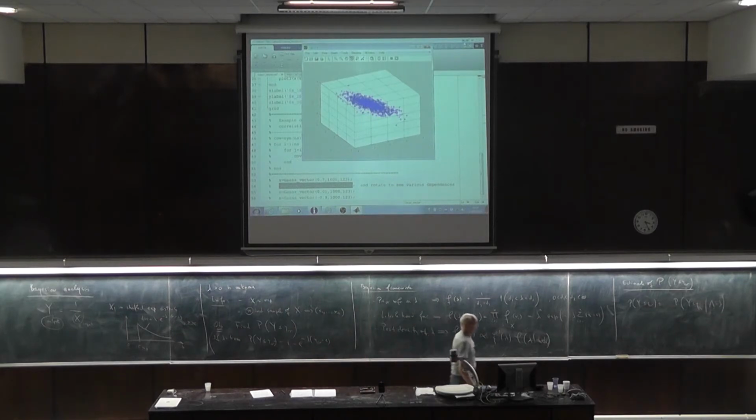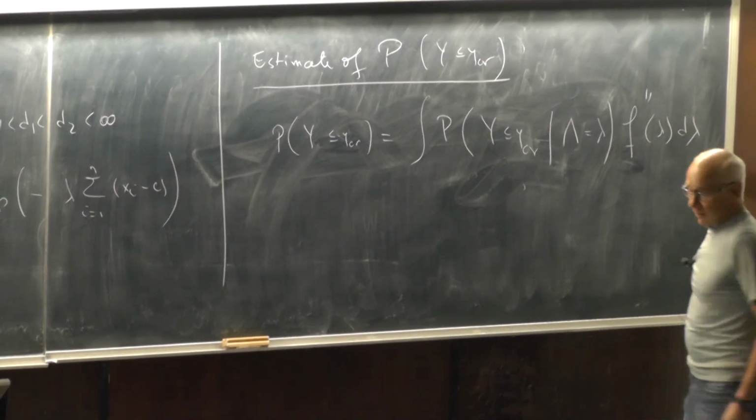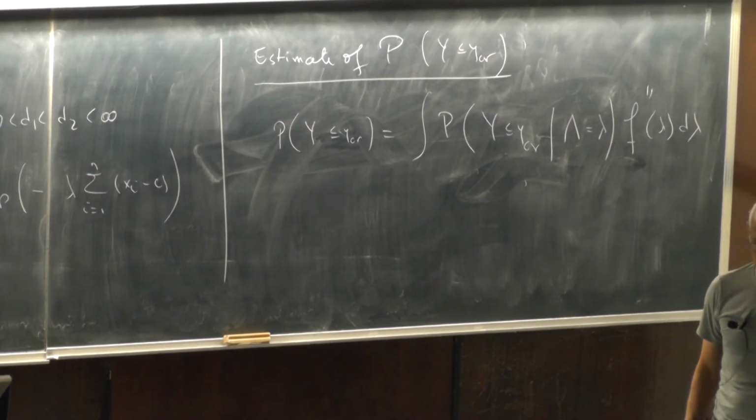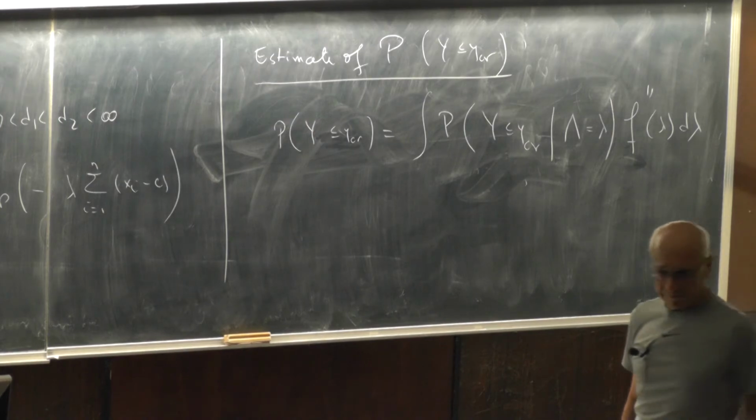But if I want to get a Bayesian estimate of lambda, we do this. That is, you consider all posterior values of lambda and weight them with their probabilities.